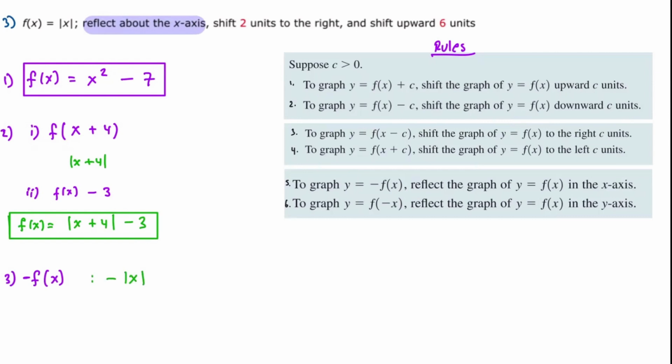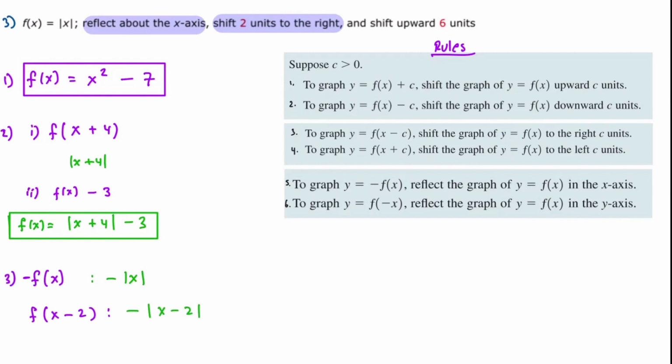Then step number 2, we're going to shift 2 units to the right, using rule number 3. We take the one above and do x minus 2, which means our resulting equation is negative absolute value of x minus 2.